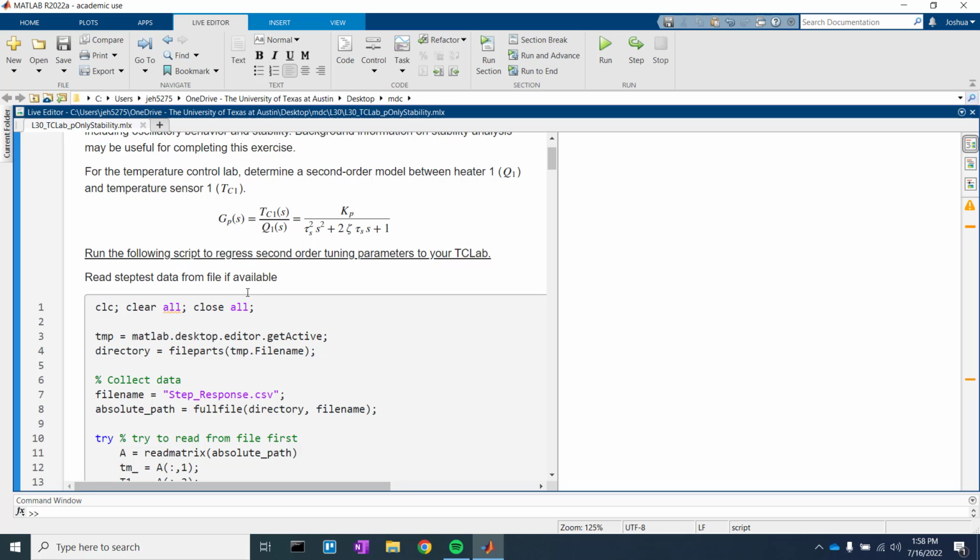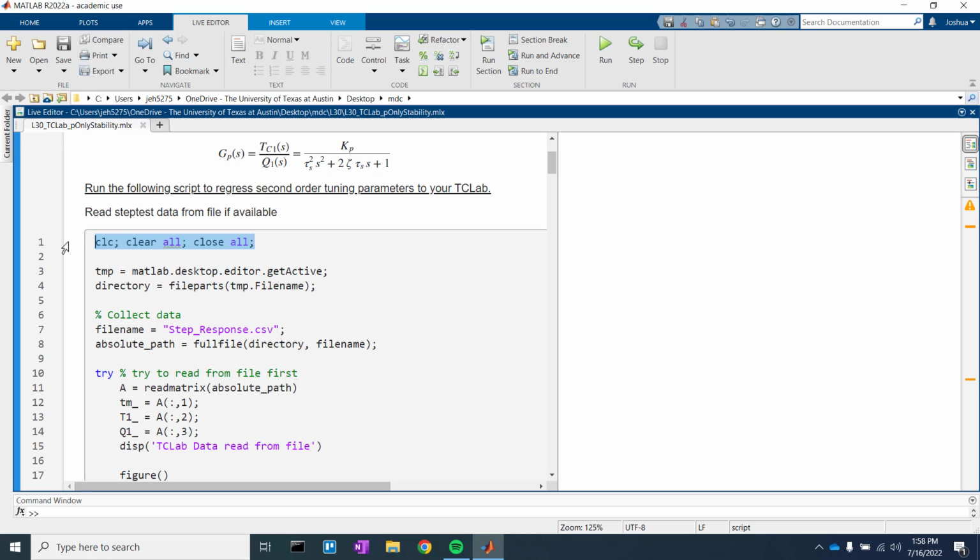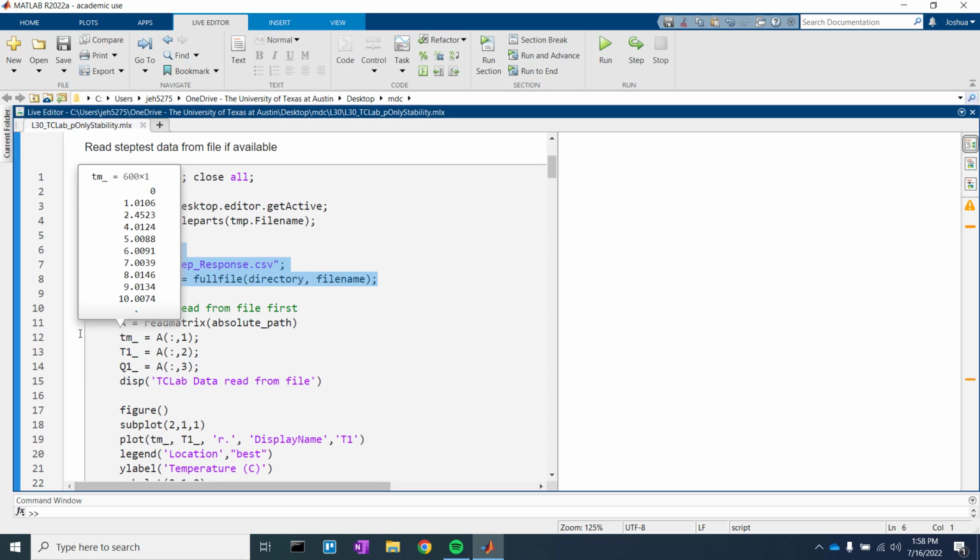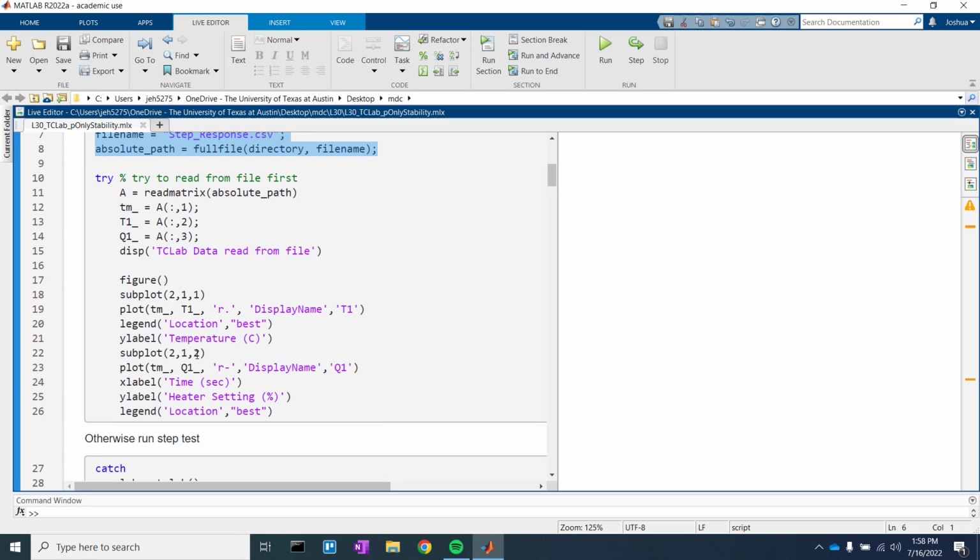So, first thing we're going to do, then there's plenty of time, we're going to clear all our variables, close everything, make sure we don't interact with any previous things we've done. We're going to set up our active directory, and then look for a step response CSV. If we find it, we're going to recall the temperature, time, and our heater setting, and then plot it.